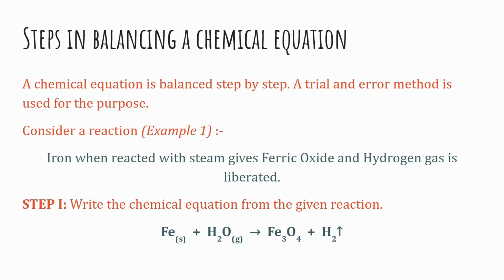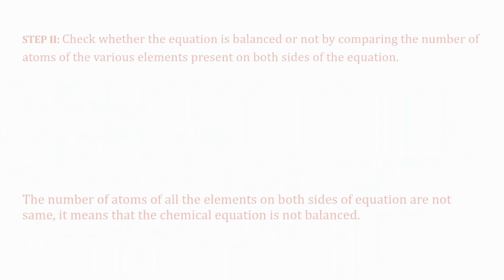Now this is your step 1, where you write your chemical equation as it is from the given reaction. Fe, which is in the solid state, plus H2O, which is in the gaseous state, will form a new product which is Fe3O4 plus H2, which is in the gaseous state. Now, step 2.